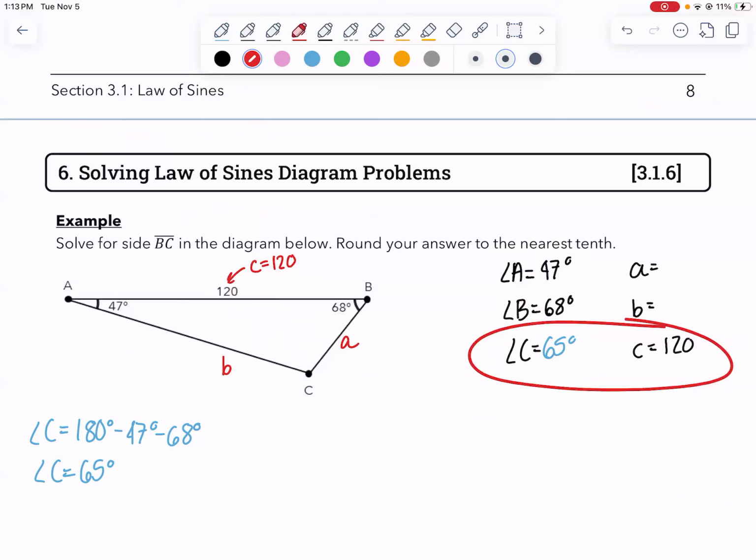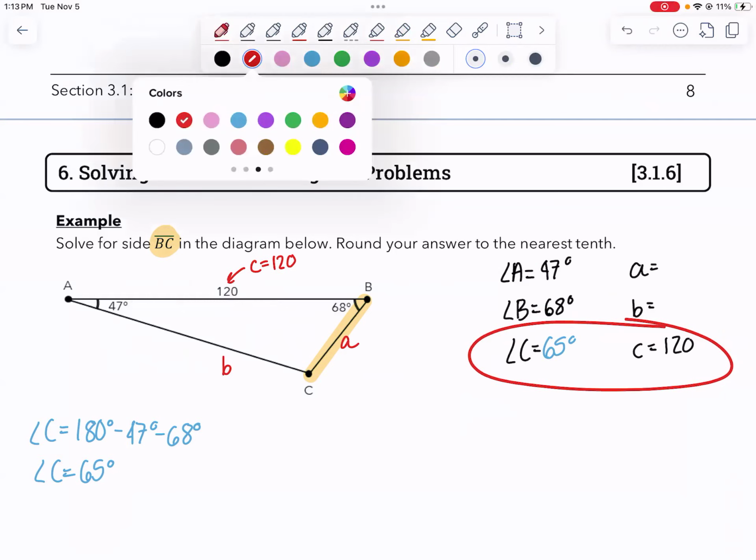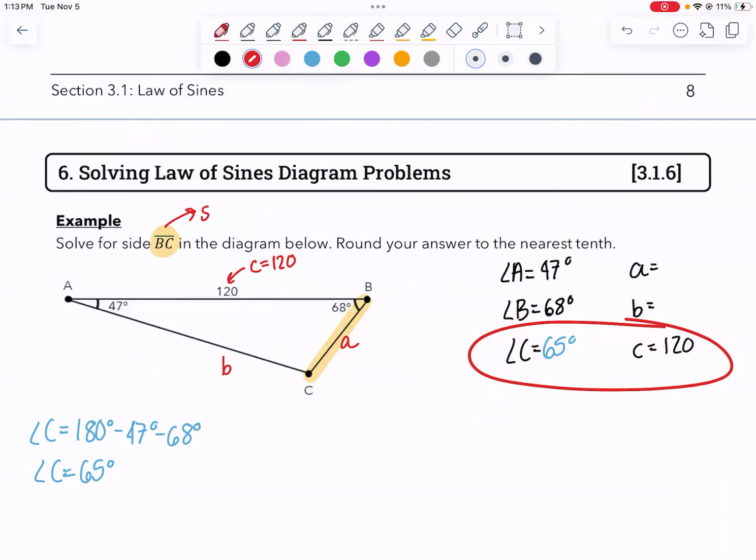And what am I asked to solve here? What I'm asked to solve is very important. I'm asked to find BC, the side that connects point B to point C. So finding BC really means find side length A. We are looking for this one right here.